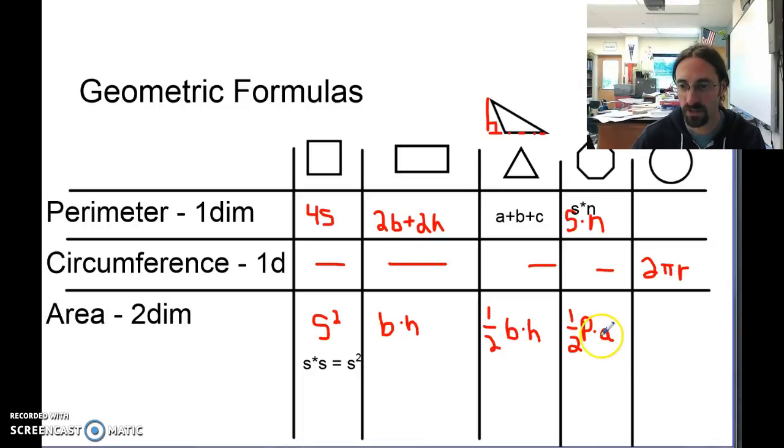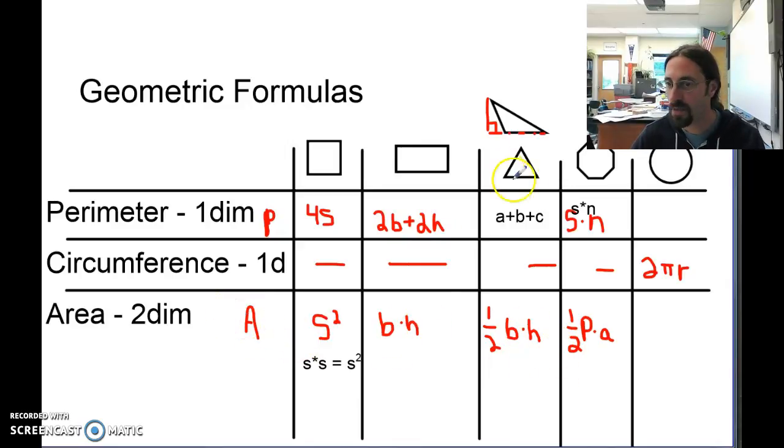And you'll learn what this little a stands for later. And capital P does refer to the perimeter. Let me put that right up here. So when you see capital P, that talks about perimeter. When you see capital A, as far as a formula goes, not in a figure, you're talking about area.